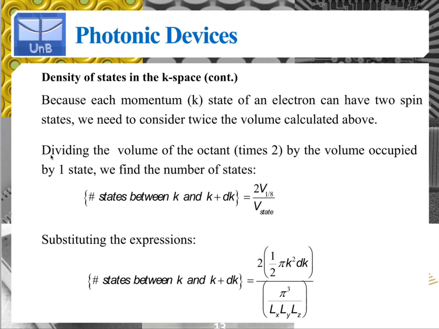And now, finally, dividing the volume of the octant that we just calculated, multiplied by 2 of course, by the volume occupied by one single state, we find the number of states. The idea is that the number of states with wave vectors between k and k plus dk is going to be twice the volume of the octant. So I'm going to draw the octant here.